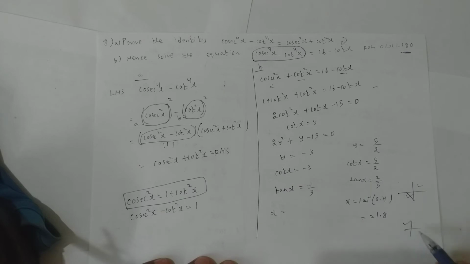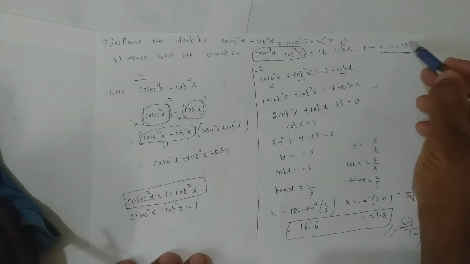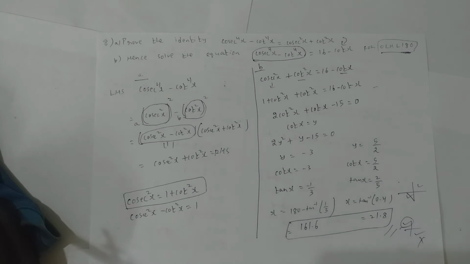Tan is negative in second and fourth, but till 180 means I consider only the second. So that is 180 minus tan inverse of 1 by 3, which is 161.6. So these are the two values of x which I got. Am I clear? Even this condition plays a part in your answer. Clear?